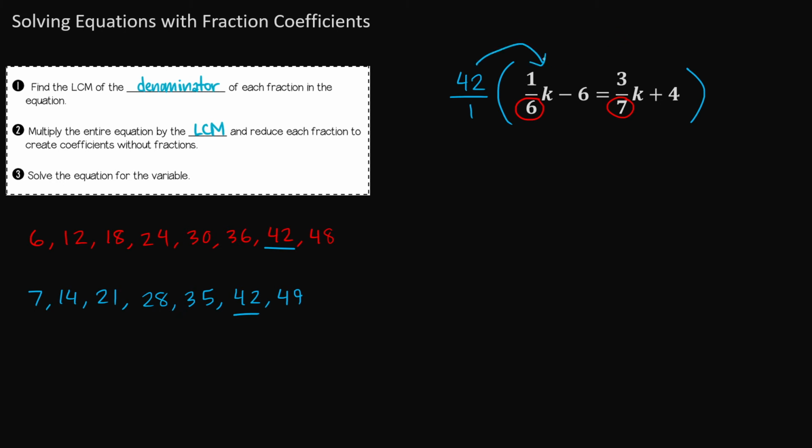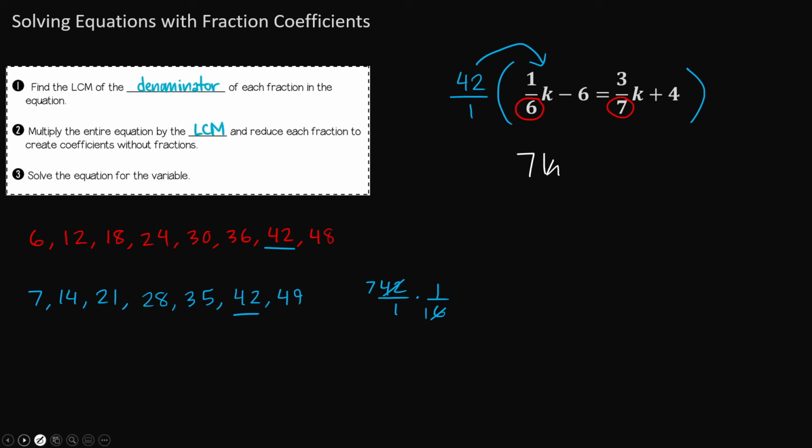So 42 times 1/6. From here, we can actually just cross reduce. 42 and 6 would reduce to 7 and 1 because 6 times 7 is 42. So this term would become 7k.